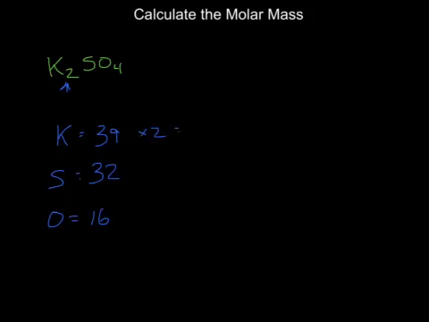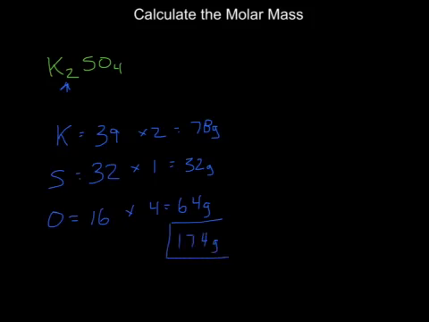We are going to multiply sulfur by 1 because there's only 1. We're going to multiply oxygen by 4 because there are 4. We end up having 78 grams, 32 grams of sulfur, and 64 grams of oxygen. We add all that up, we get 174 grams, and that right there is the molar mass of potassium sulfate.